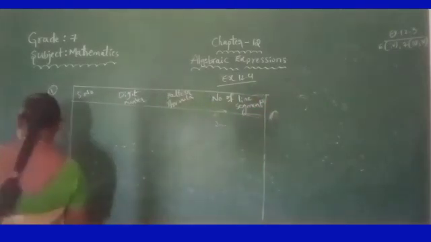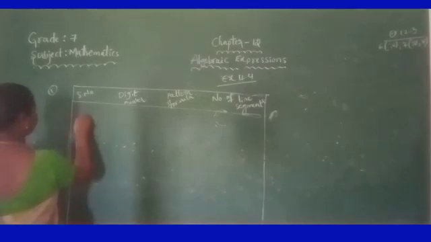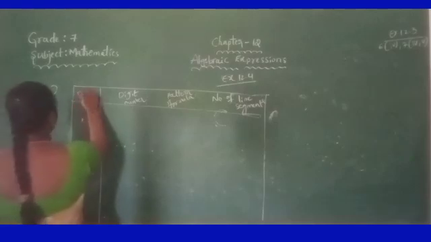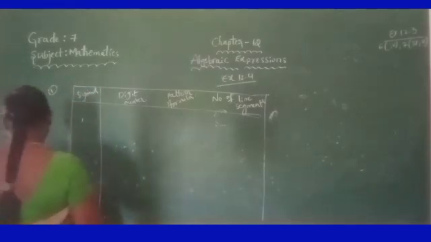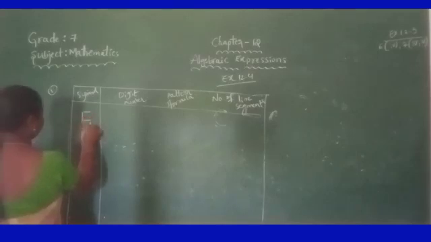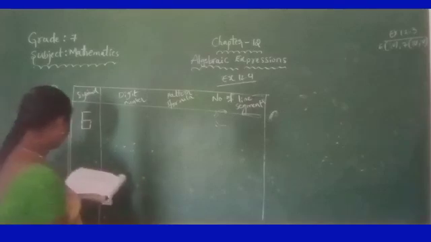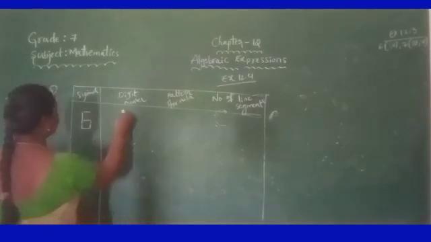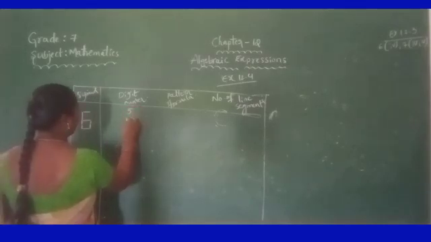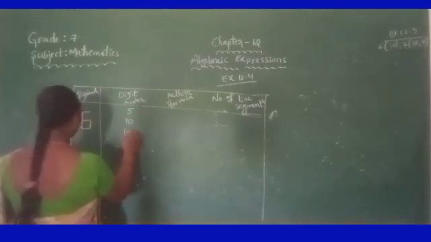Okay, first, what is the symbol? Symbol is 6. For the 6 symbol and digit, we have to take 5 and 10 and next 100, as given.